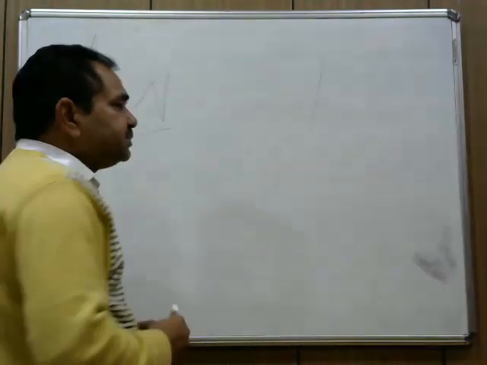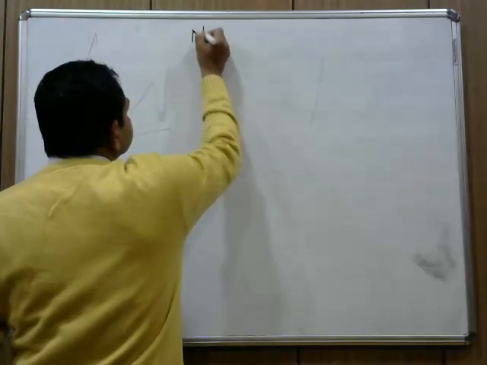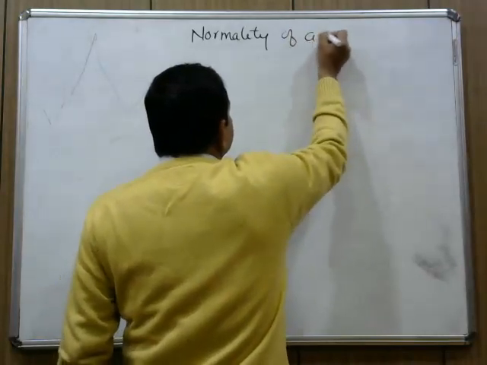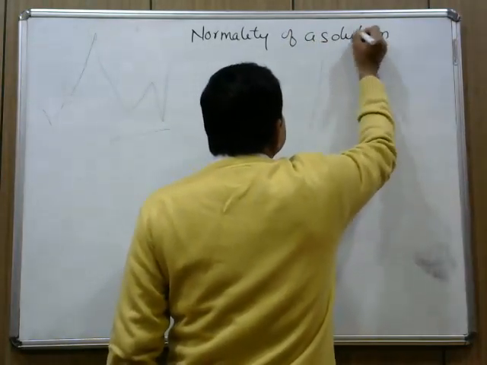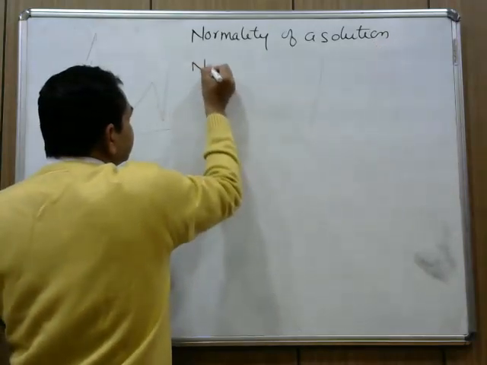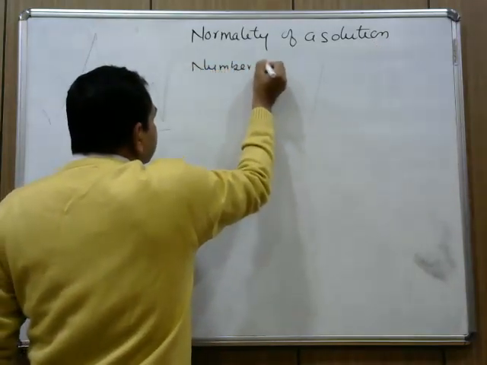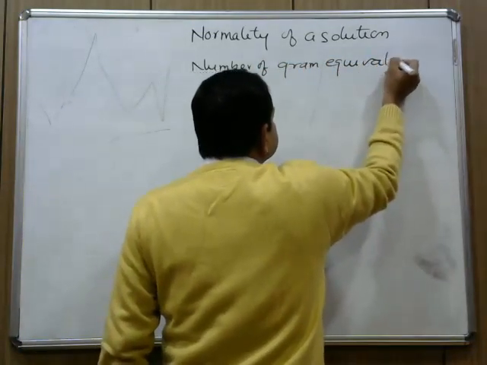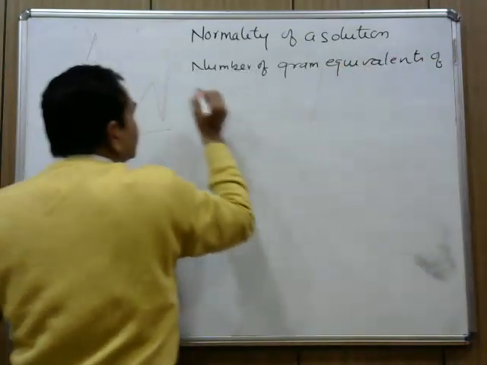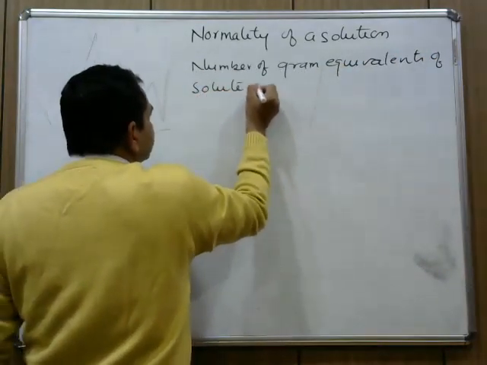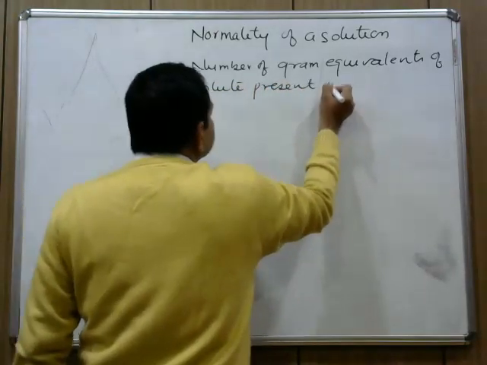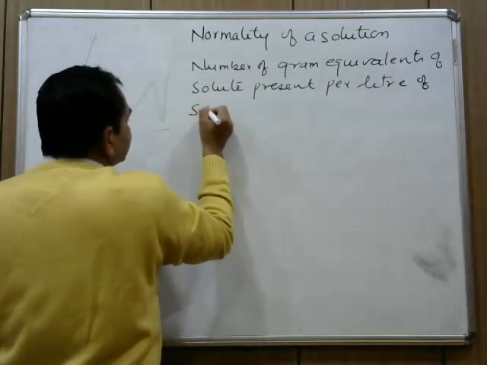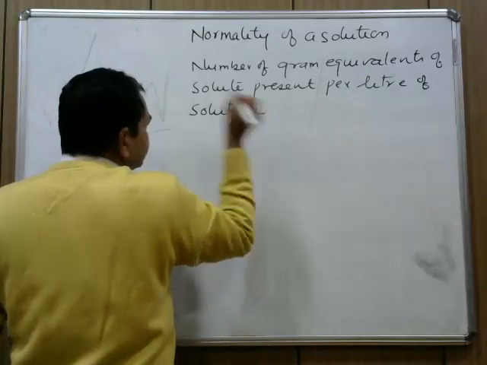Now, normality of a solution is defined as the number of gram equivalents of solute present per liter of solution.